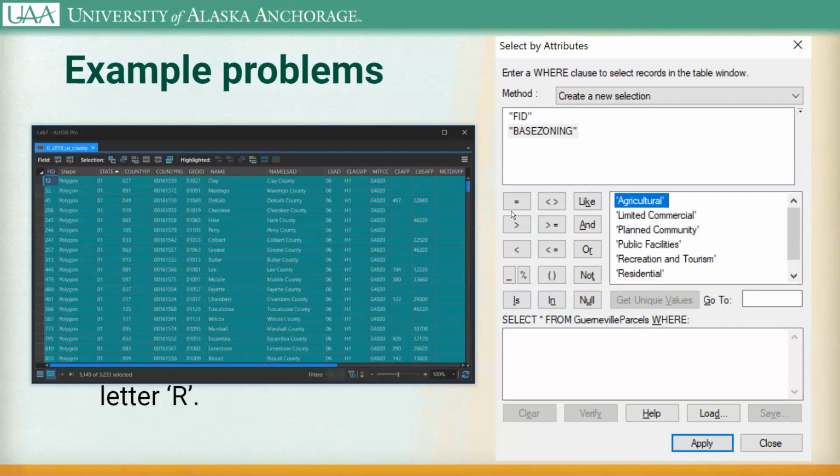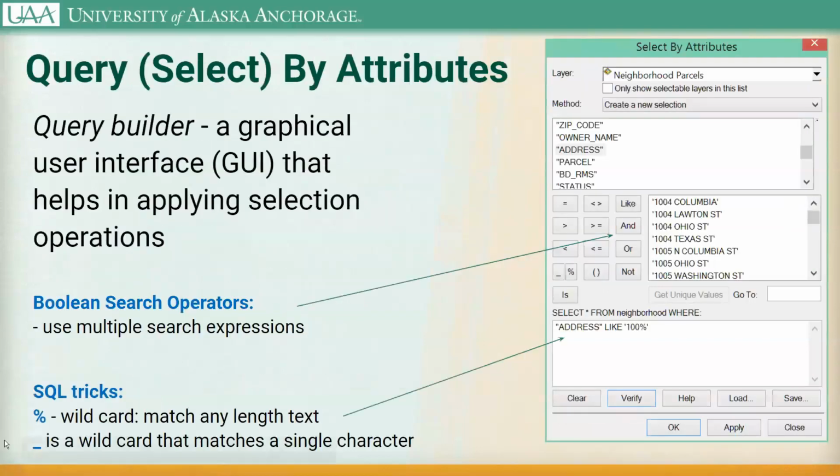You can combine that now with and say and class FP is like H1. And then you can add in, remember the wildcards that we looked at previously? There was the percent, which lets you search any length of fields.